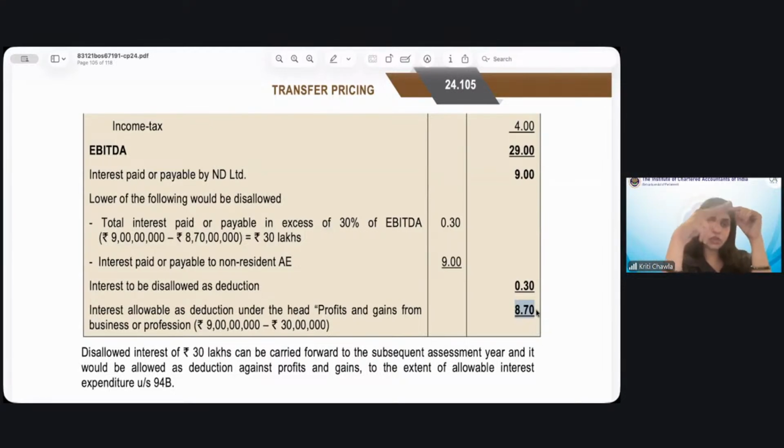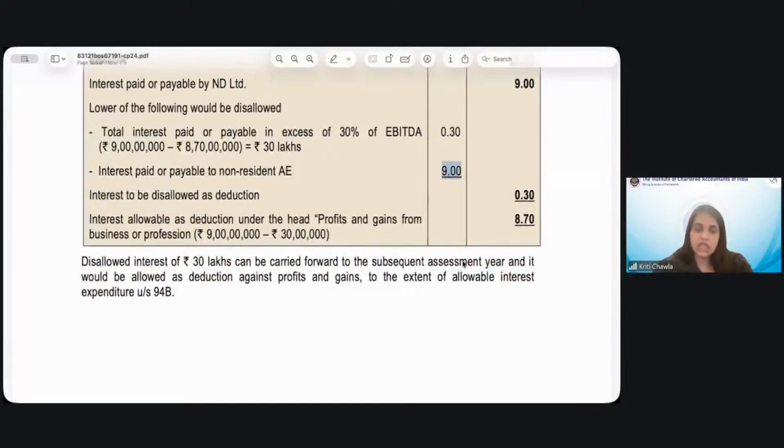So you have to take two things: interest, which is paid or payable, which is 9 crores here, or interest minus 30% of EBITDA, which is interest 9 crores minus 30% of EBITDA, this amount. So you have to take this amount or this amount, whichever is lower.